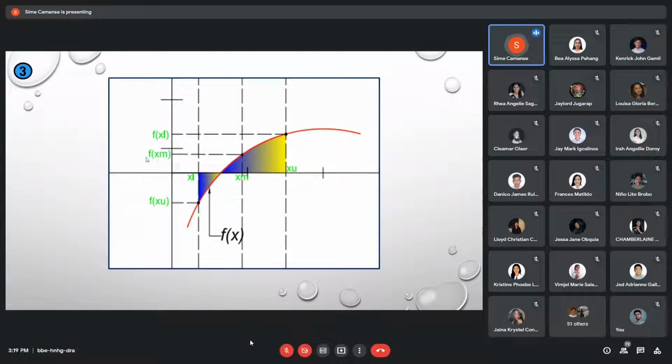So this is a continuous function between x lower and x upper. So you have two guesses.